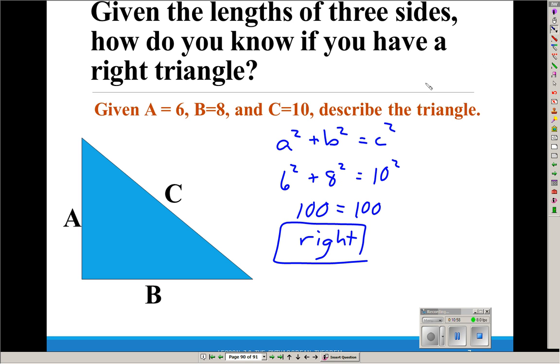So anytime you know it's a right triangle, use the Pythagorean theorem to find a missing side. Or if you don't know it's a right triangle and want to know if it could be, take the three side lengths, substitute them in where c is the biggest number, and see if it works with the Pythagorean theorem. If it does, then it is a right triangle, and if it doesn't, then it's not.